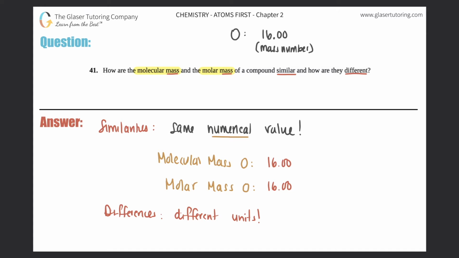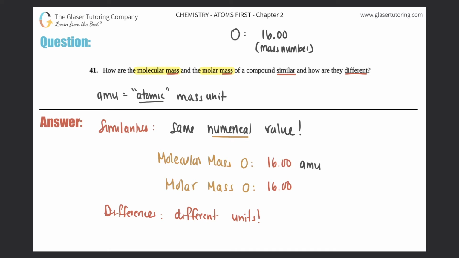So a molecular mass unit for oxygen would be 16.00 AMU. AMU stands for atomic mass unit. So this is the super small mass weight unit, so we're looking at it at the atomic, the very small, size level.